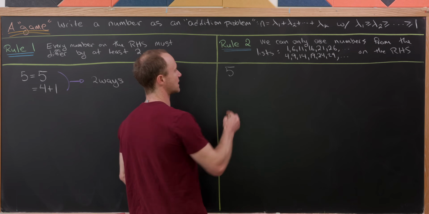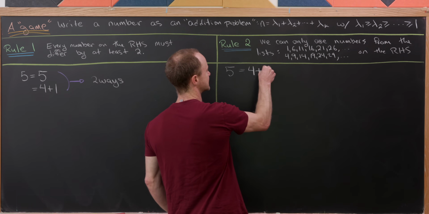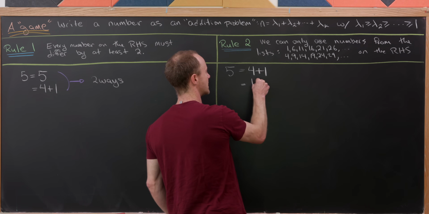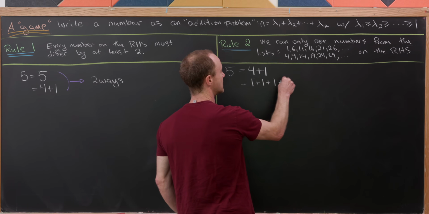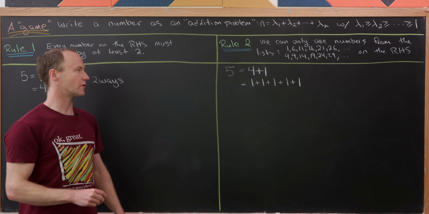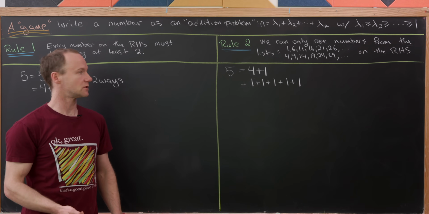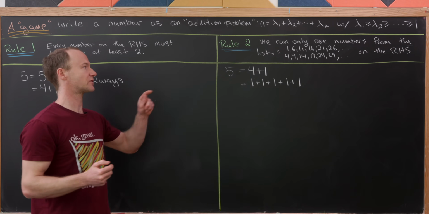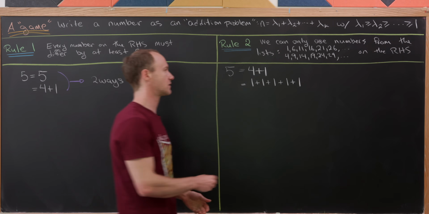So here we can either write it as 4 plus 1. We're allowed to use 4 here and 1 here, or we could write it as 1 plus 1 plus 1 plus 1 plus 1. Notice there's no difference condition over here in this second rule. And then those are the only ways that we can write 5 as an addition problem using this second rule.